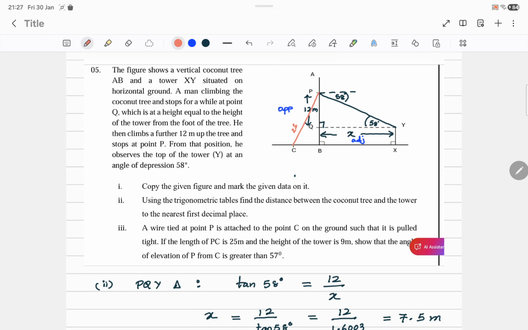So this red line is 25 meters, and the height of the tower is 9 meters. So that is this amount. This is 9 meters then. Right, so that is 9 meters.